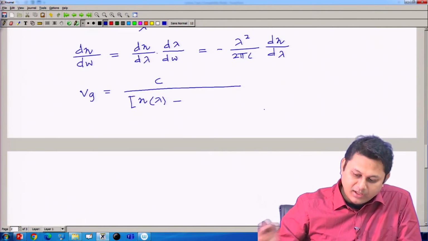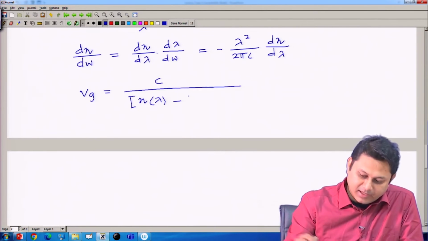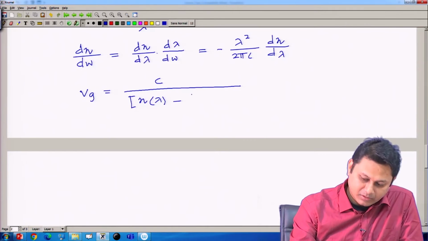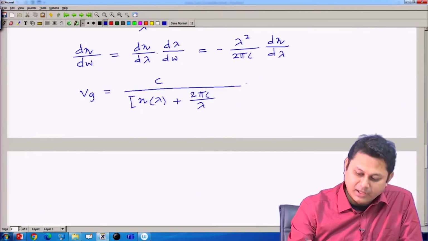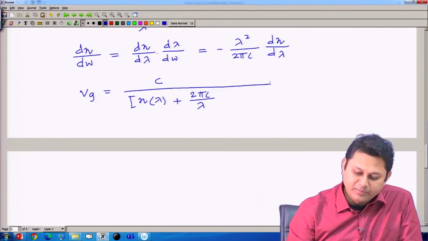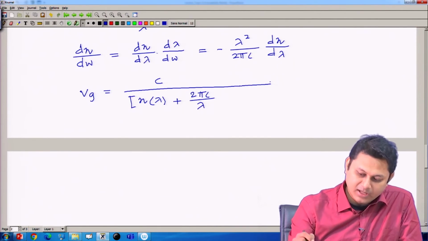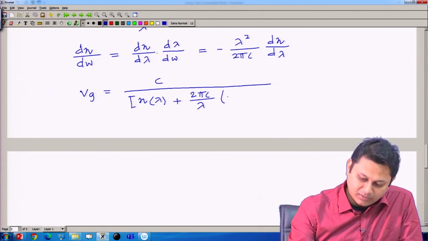So, this omega I can replace as 2 pi c divided by lambda, and now I replace dn d omega with this value. So, it should be minus lambda square divided by 2 pi c and dn d lambda.